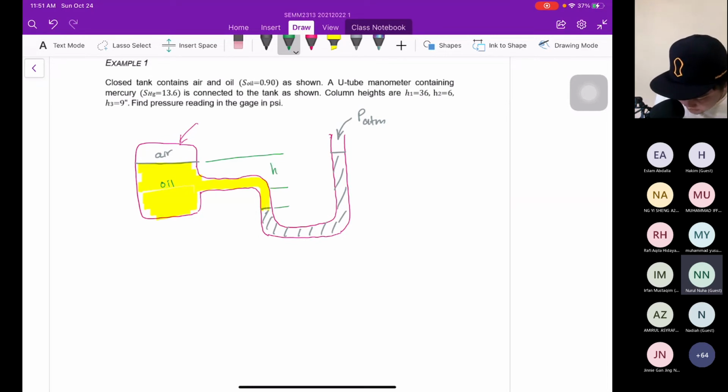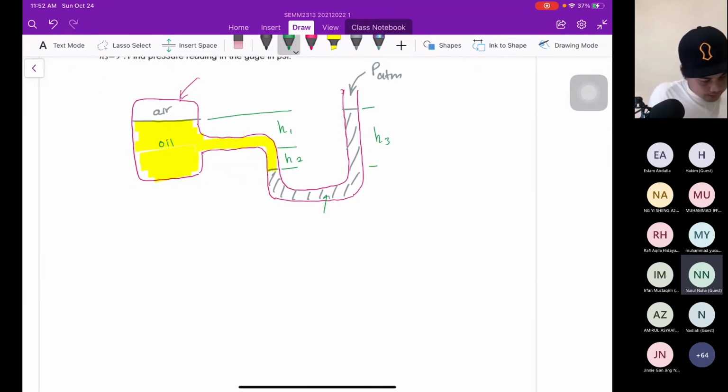This is H1 and this is H2. This is inch. Alright, and then from here H3 is from here to here. Okay, 9. So this is H3.